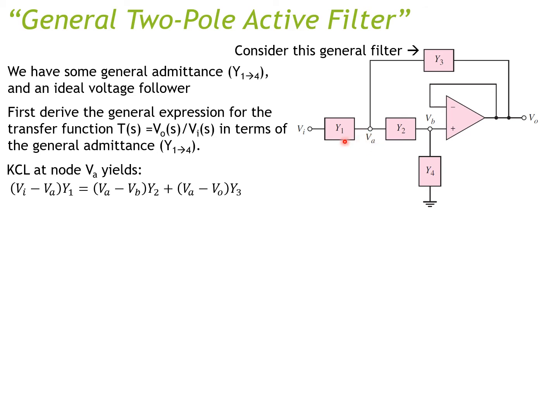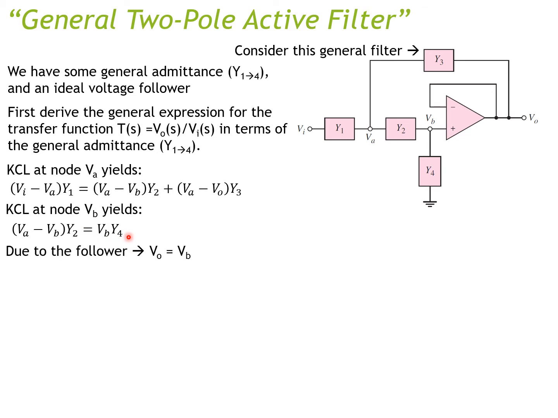We're going to have this current going in this direction equal to this current plus this current. So we're going to have this equation here. Next, you apply KCL for this node. Likewise, you're going to have (VA minus VB) Y2 equal to VB multiplied by Y4.